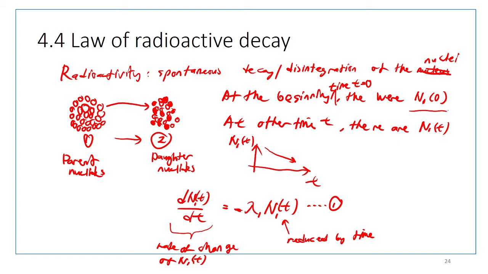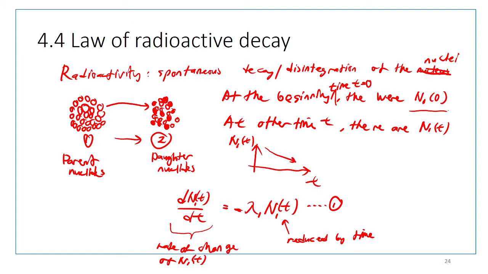Now what you can determine from equation number 1 is N1(t). From equation 1 we can deduce the formula for the number of parent nuclei at time t.